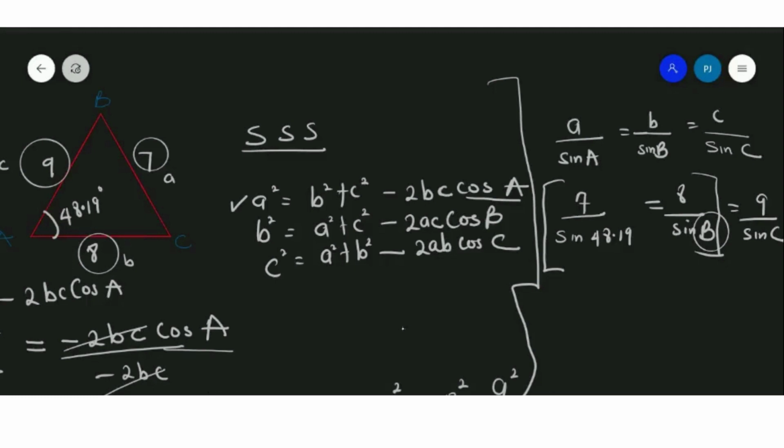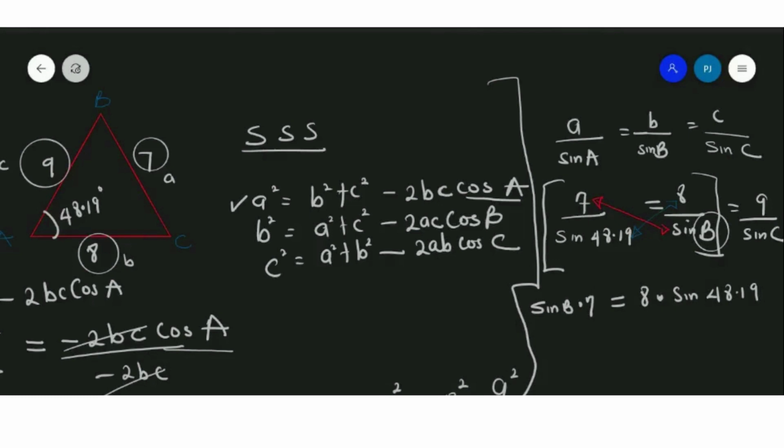The first thing we're going to do, remember, is to cross multiply as much as possible. So we have sine B times 7 is equal to 8 times sine 48.19.